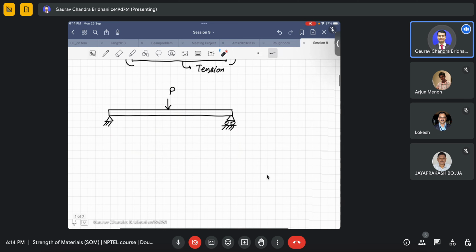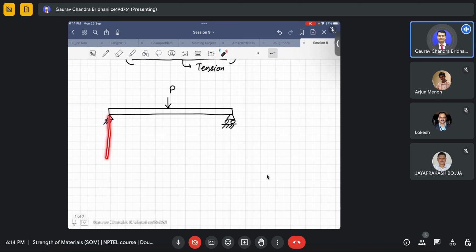Yeah, so I was talking about what I mean by this. So I draw the BMD and SFD both. The convention for shear is this: positive shear is upward on the positive face and downward on the negative face.